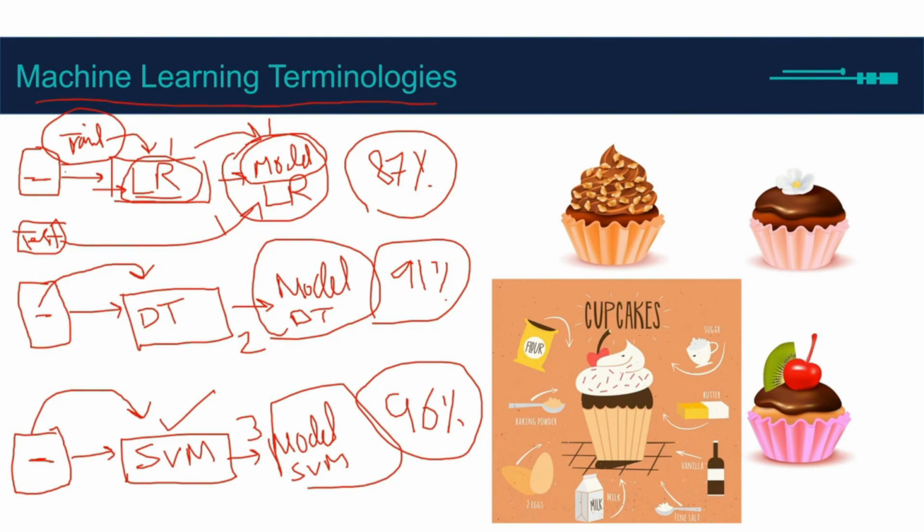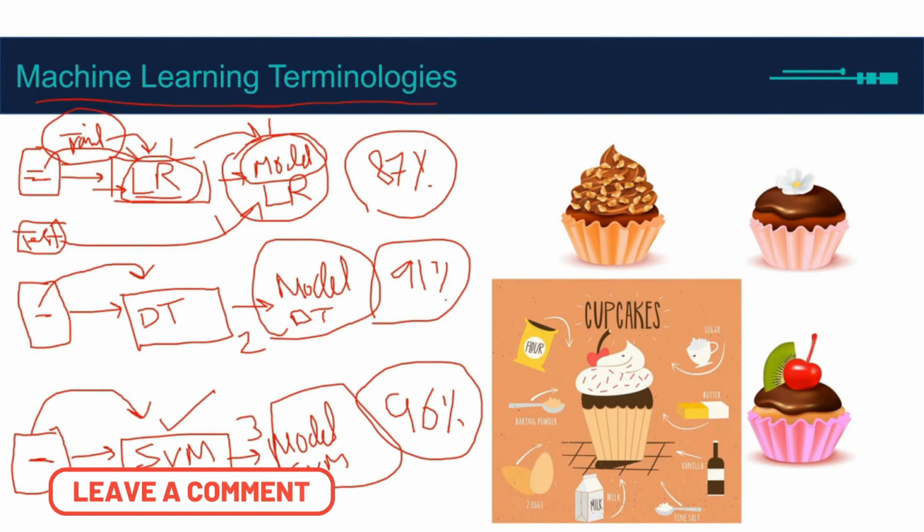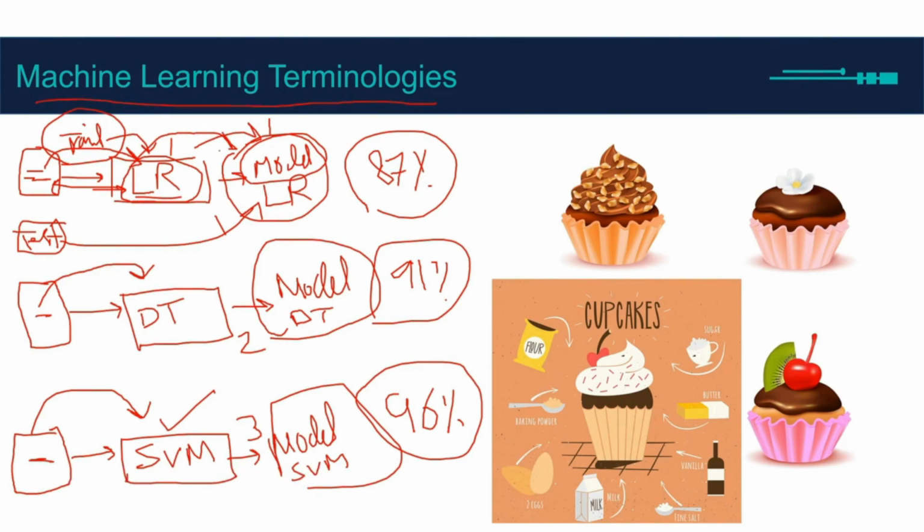So I have data here, I feed it to the algorithm, it learns the data by finding the patterns, and then it creates a model for me, and I'm going to call it the logistic regression model, because that model was created by the logistic regression algorithm. And then I'm going to test the data by throwing it onto the model, because the model has now learned. The model was created after logistic regression learned from the data and found the patterns.